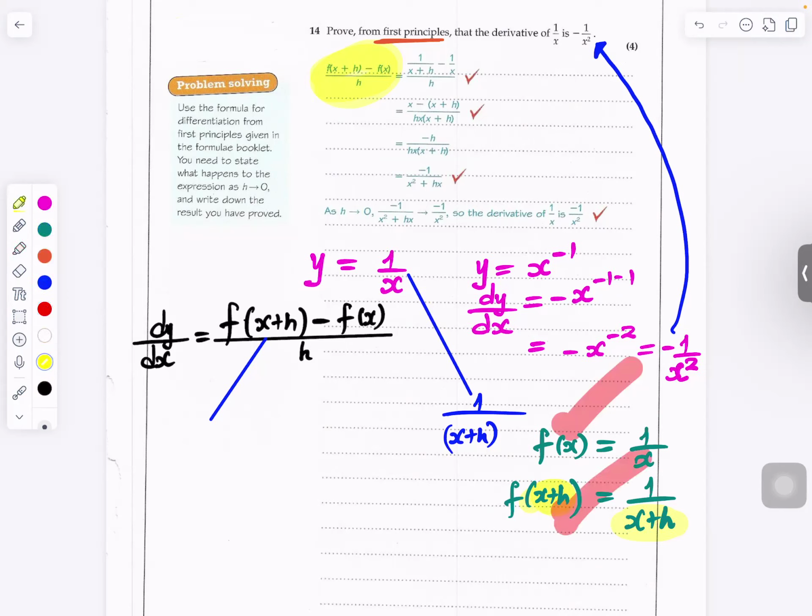So all I have done is substitute for f of x and f of x plus h, and then all of that divided by h. Now, all we have to do is simplify this thing I put in the circle there.